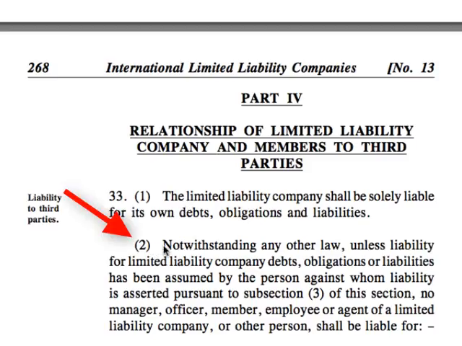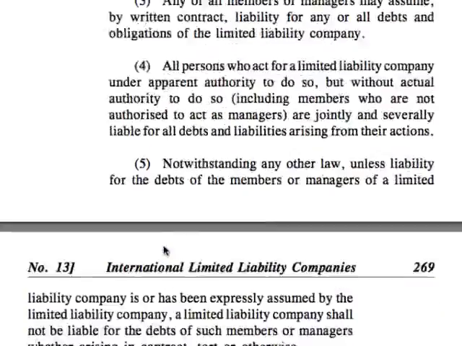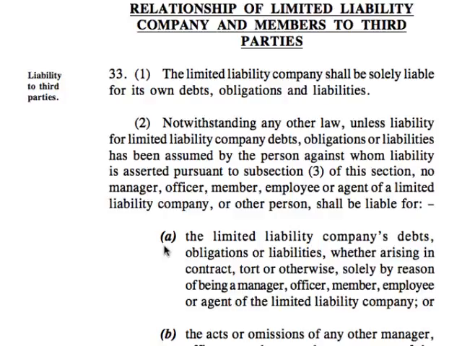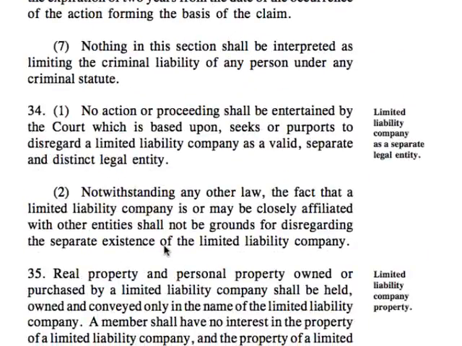Notwithstanding any other law, unless liability for limited liability company debts, obligations, or liabilities has been assumed by the person against whom liability is asserted, no manager, no officer, no member, employee, or agent of a limited liability company shall be liable for the limited liability company's debts. They go on forever about how the limited liability company's debts are not the responsibility of any of the employees or managers or members of the limited liability company.